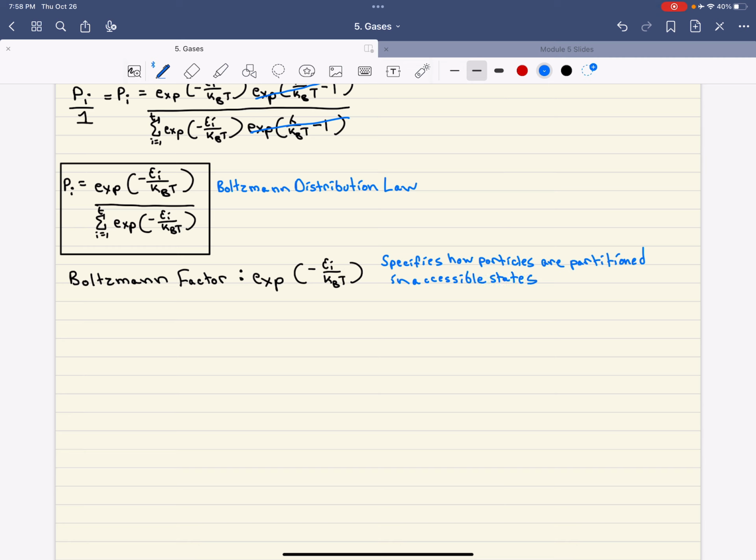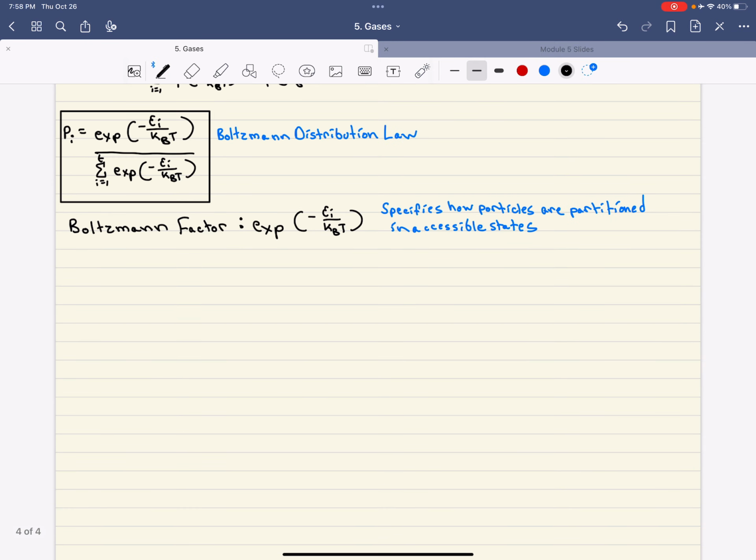For a given energy level, when you plug it in here, the exponential of that is proportional to how many particles are in that energy level.